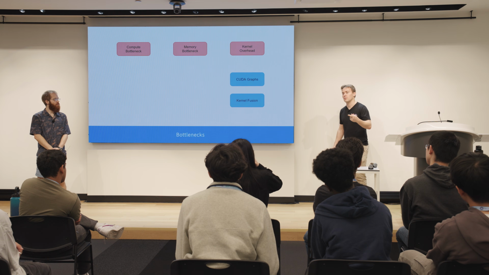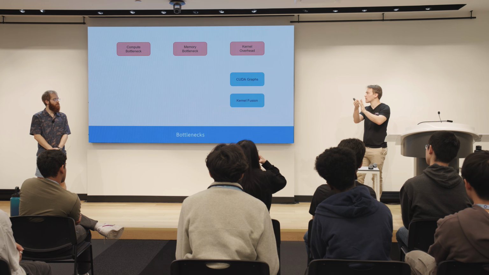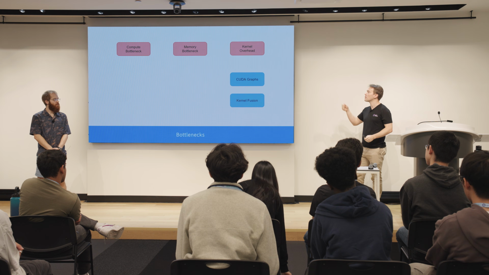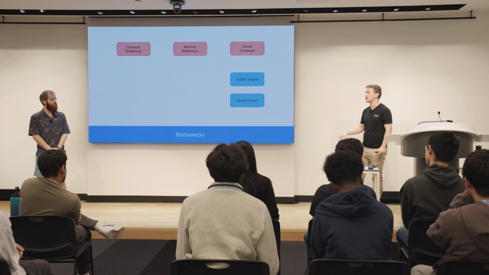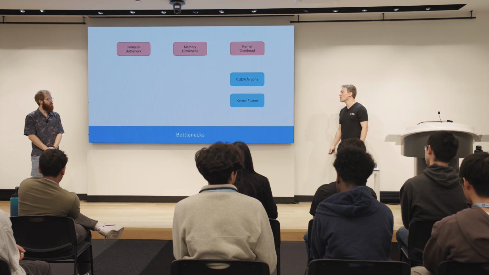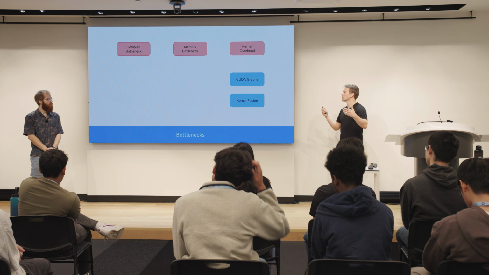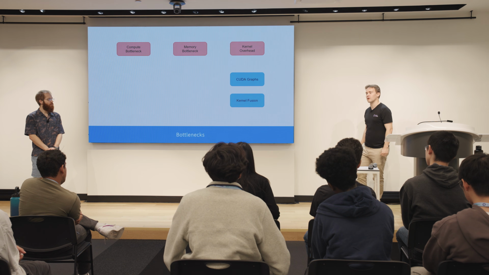But the second time you replay that graph, everything is going to be stitched together on the GPU because it will have remembered all the launch parameters that were needed for all of those kernels, so you won't pay that overhead more than once. And so this is a technology that's particularly helpful when you want to launch lots of small kernels and you can't really fuse them all together for some reason.